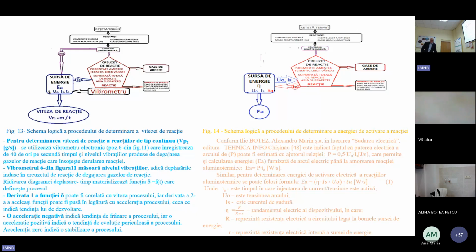Se știe că o reacție aluminotermică poate să aibă loc atunci când, într-o anumită incintă, în cazul nostru un creuzet din grafit, care conține amestecul aluminotermic sau combustibilii aluminotermici, se administrează din exterior o energie care se cheamă energie de activare.